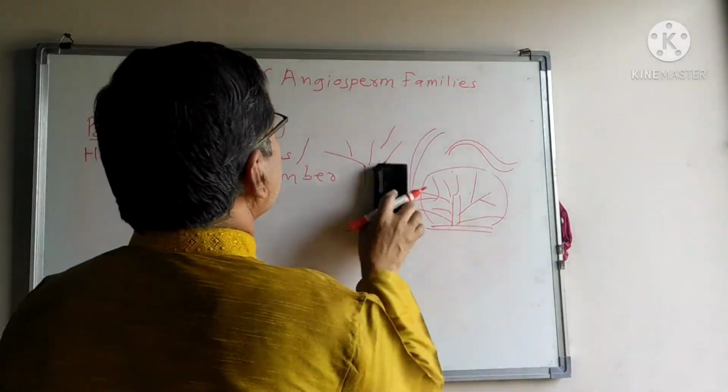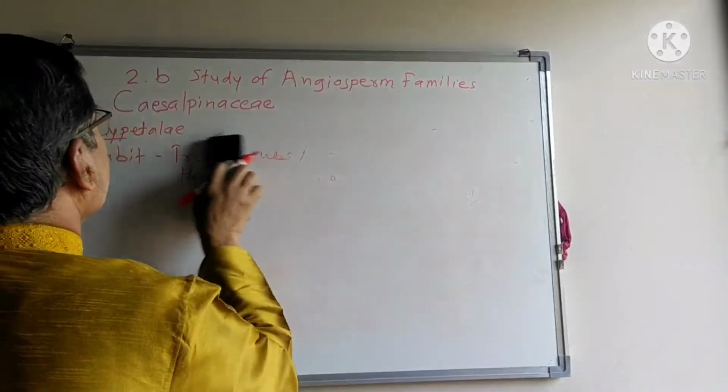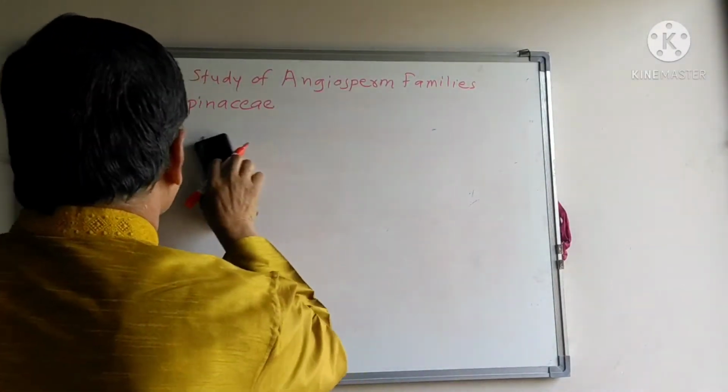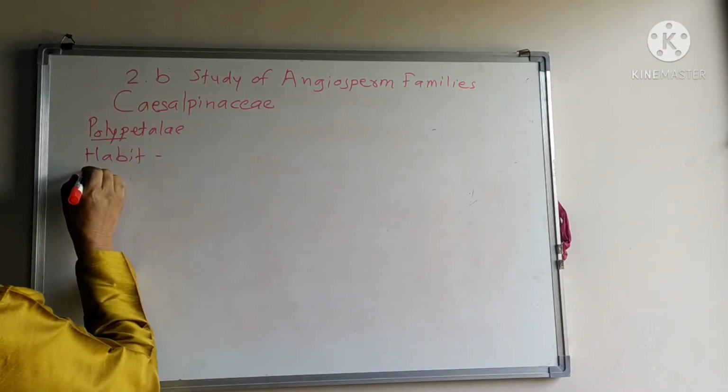This is the first character of this family, that is known as habit. Then we are going to discuss the morphological characters.